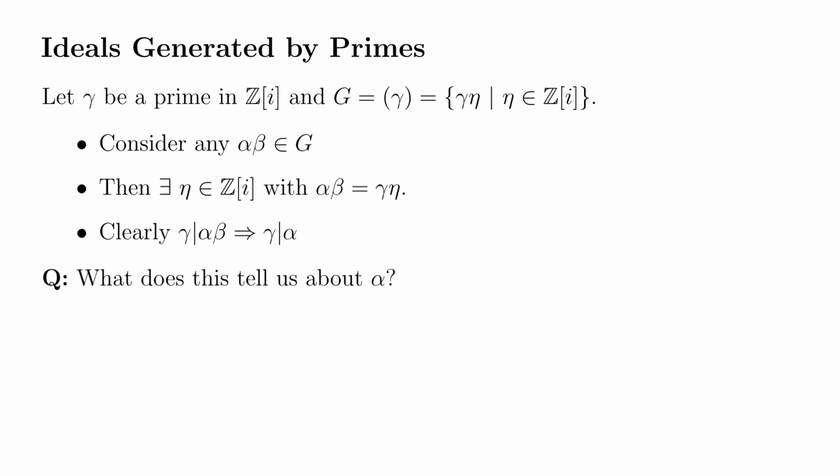Clearly, gamma divides alpha beta, and since gamma is prime, this implies that without loss of generality, gamma divides alpha. What does this tell us about alpha? It tells us that alpha is in the ideal, and by the definition of a prime ideal, we can say that the ideal generated by any prime gamma in the Gaussian integers is a prime ideal.